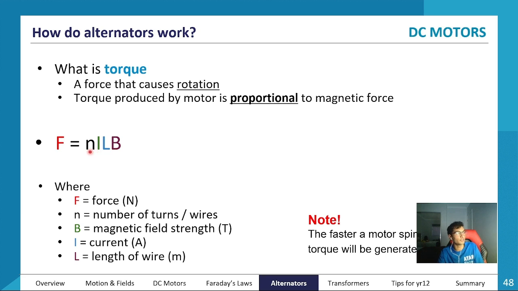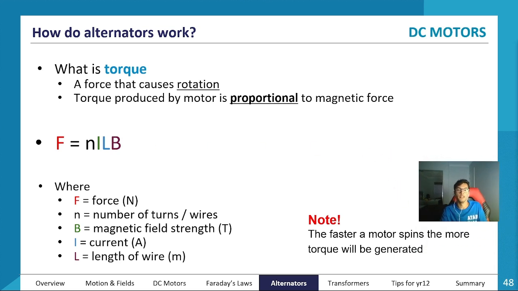We can increase the number of turns or the number of wires. We can increase the current, we can increase the length of the wire or the coil, or we can increase the strength of the magnet. What this does is make the motor spin faster.